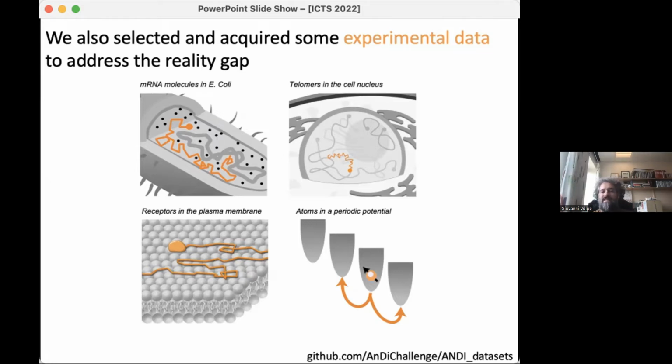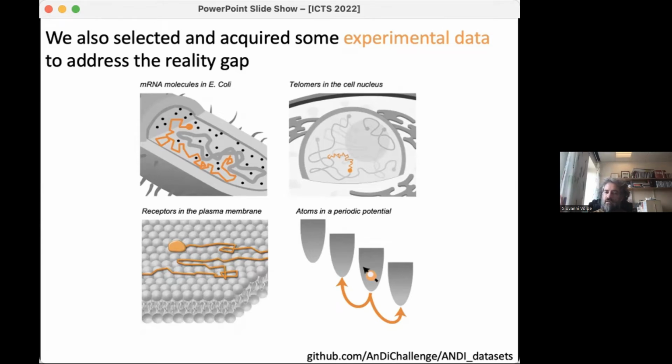We mixed experimental data in the middle of the data that were being scored so that the participants didn't really know what they were. We didn't score the experimental data, we just scored the numerically simulated ones, but we had information about how well the participants' methods were working also for real, experimental data.